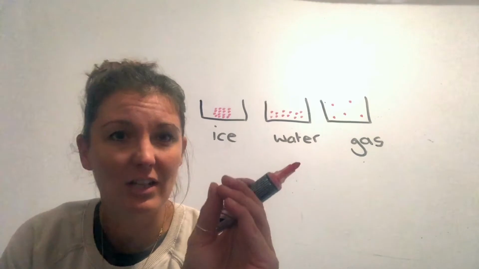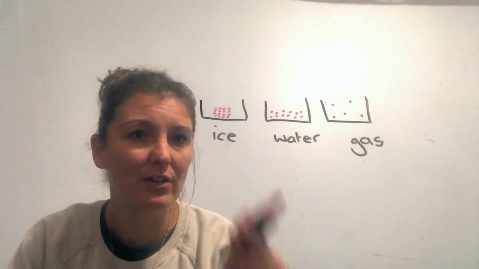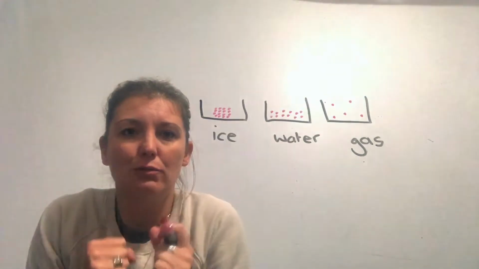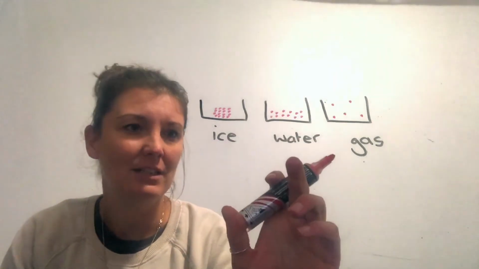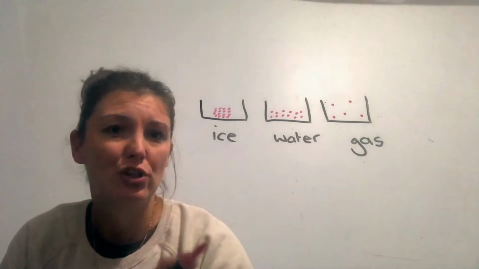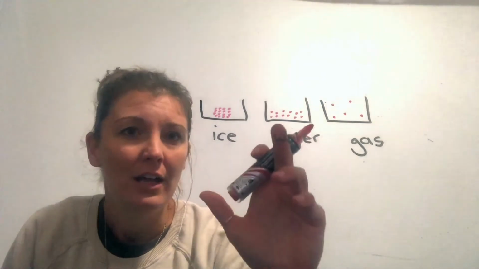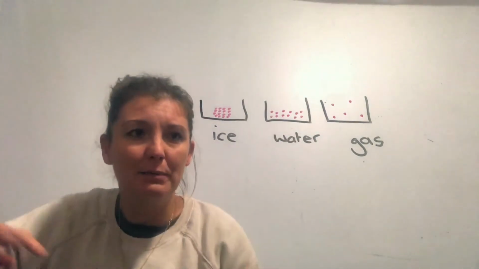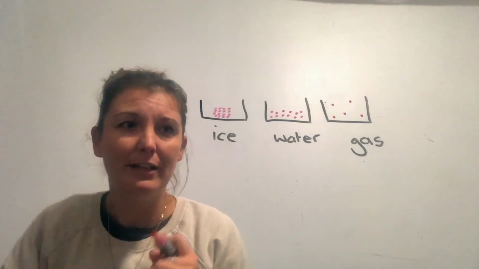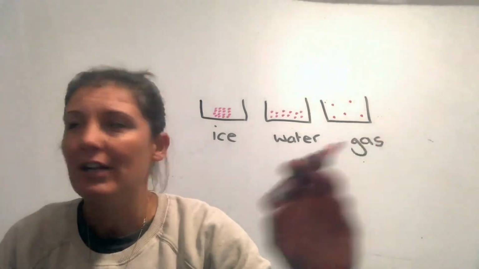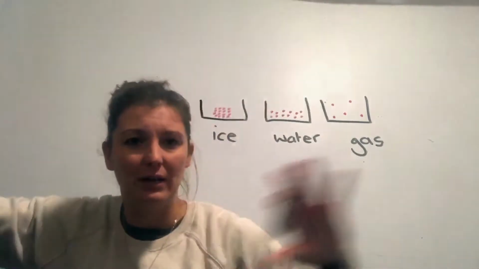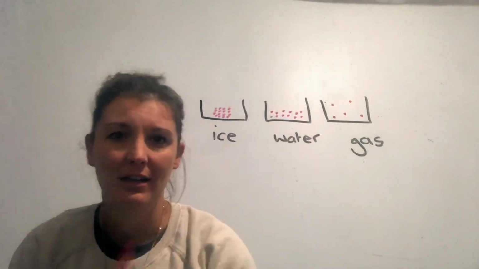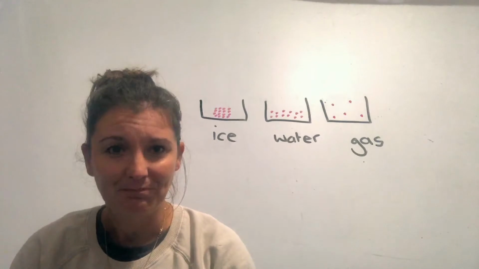Alright, so anything that's a solid around you, those particles will just be vibrating next to each other. If we look at anything that's a liquid, like your coffee or hot chocolate or water, the particles will be moving a bit more, they have a little bit more energy. And then when we look at the gas around us, they are just moving around everywhere. Okay, full-on party in the gas section.